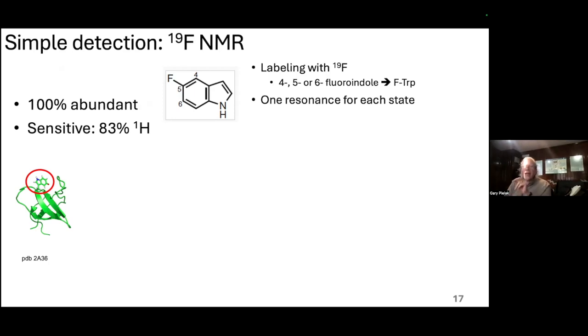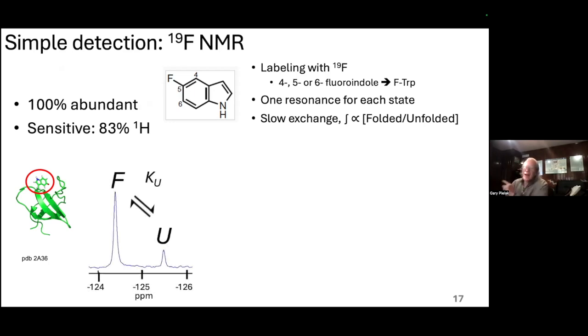So therefore, we get one resonance for each state. We get a resonance for the folded state and a resonance for the unfolded state. And for you NMR jocks in the audience, they're in slow exchange on the chemical shift time scale, which means the integral is directly proportional to the concentration of the forms. Here is the spectrum of this protein.